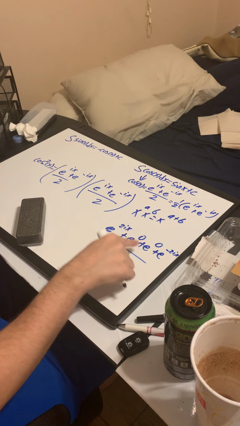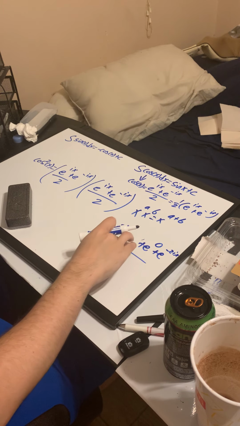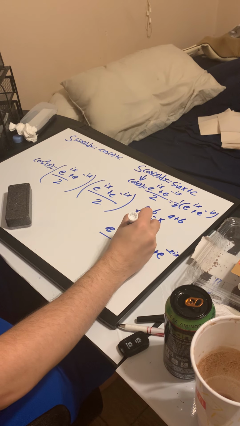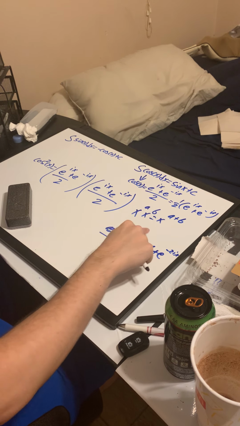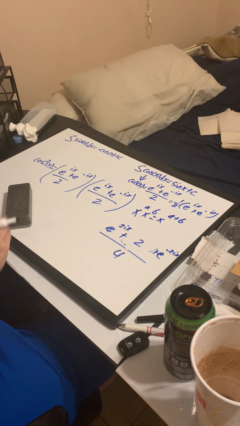Remember, anything to the power of 0 is 1. So this and this become 1, and then 1 plus 1 is just 2, right? So we get 2 over here.